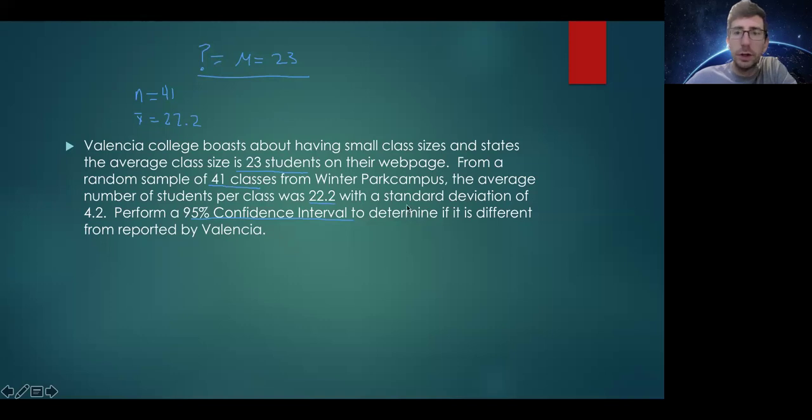And then the sample standard deviation was 4.2. So our s of x is equal to 4.2. And the only thing we need to find is a t-value of alpha over 2.